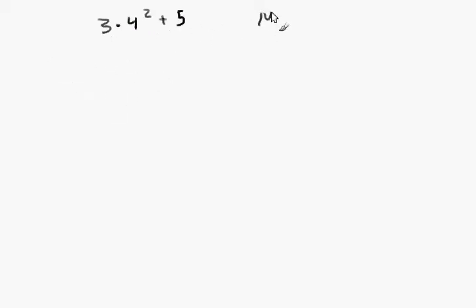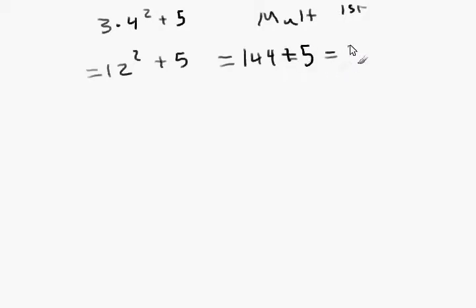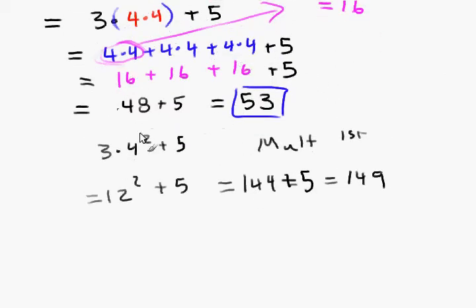If we try multiplication first, that's 12 squared, I guess, plus 5, which 12 squared is a gross, that's 144, plus 5, 149. That's way off. We can trust what we did here with all the addition, because we only had one operation.